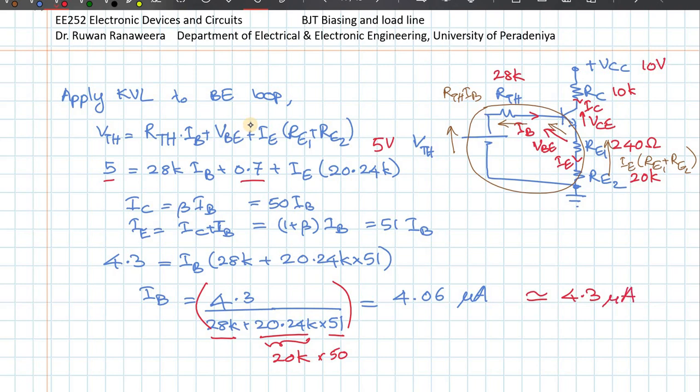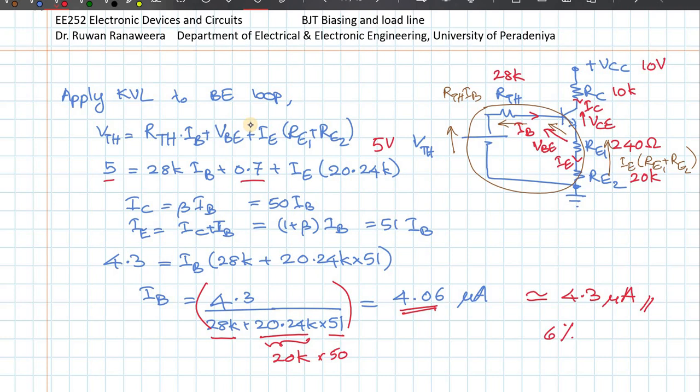To find that, you don't need a calculator. So even this is good enough. The difference between this and the exact value is just less than 6%, so it's up to you, depending on your application. 6% is not a big deal. So if necessary, you can say this is roughly 4.3 microamperes. Even that would not make much of an error.